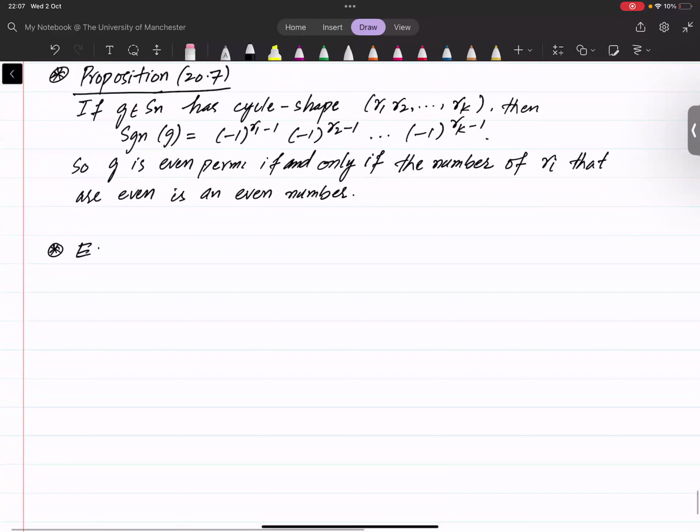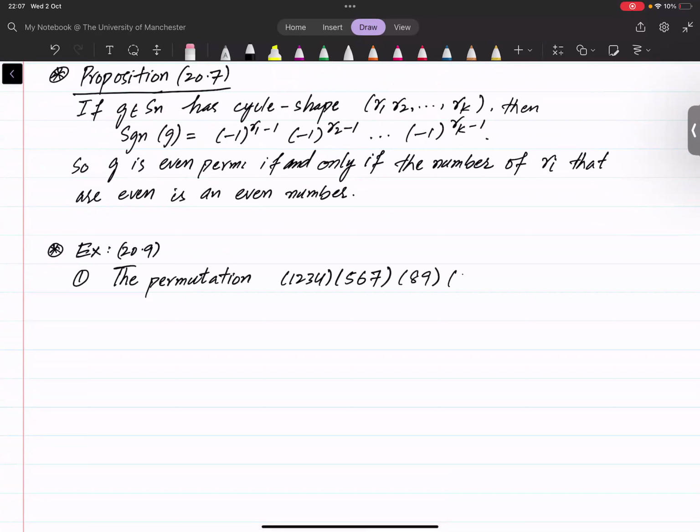Example 20.9. Example 1 is the permutation (1, 2, 3, 4), (5, 6, 7), (8, 9), (10, 11) in S11, which is odd.